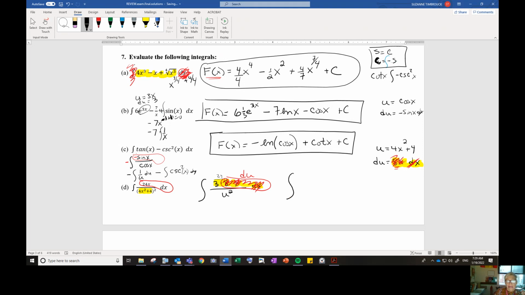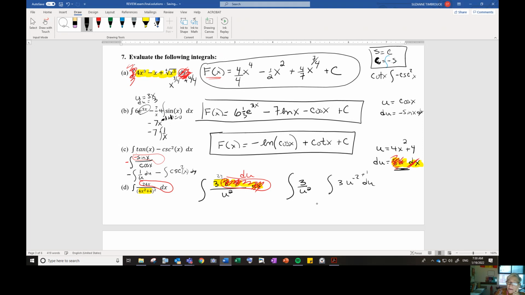So I'm integrating this 3, which is still there. I didn't cancel it out. I don't have to put anything in. I don't need to add anything else to my du. So what I have is 3 over u squared, or 3u to the negative 2. Everything else is du.